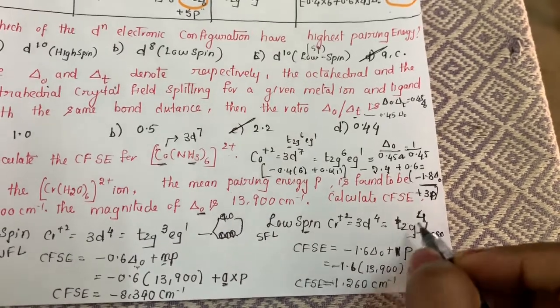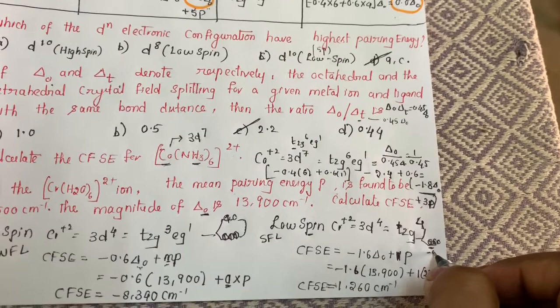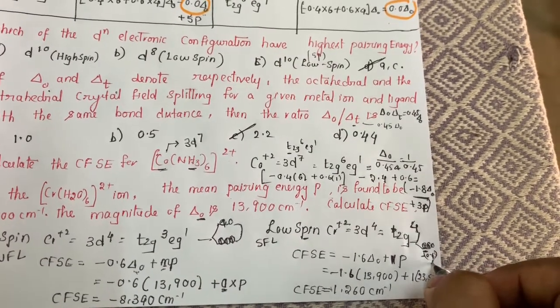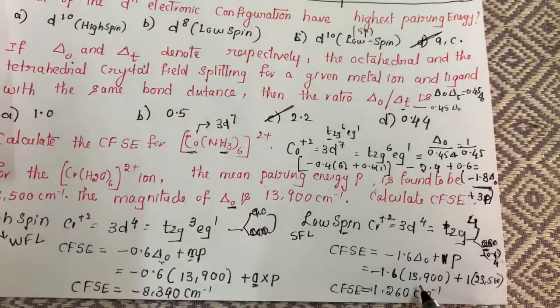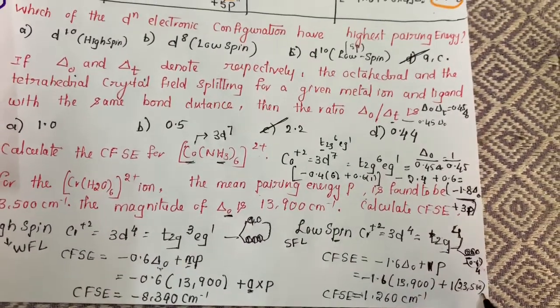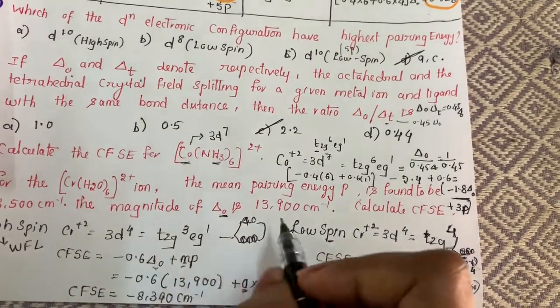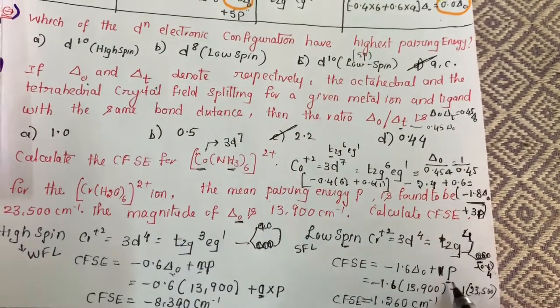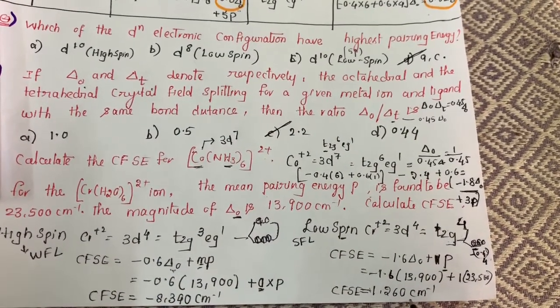Because all are contributions of t2g electrons, each electron minus 0.4 multiplied with 4 electrons, so 1.6. The delta O value is 13,900 plus 1 pairing energy. The P value given is 23,500. If we substitute this value, we get exactly 1,260 inverse centimeter.